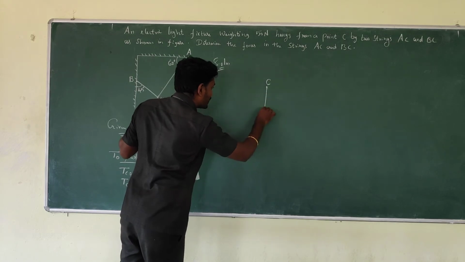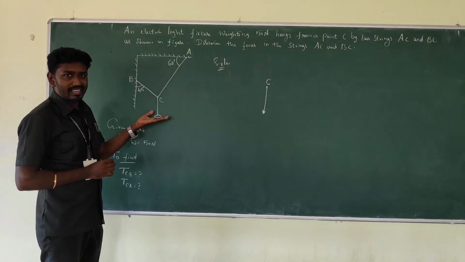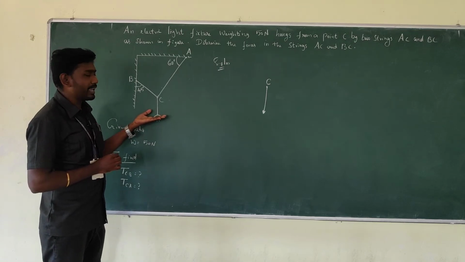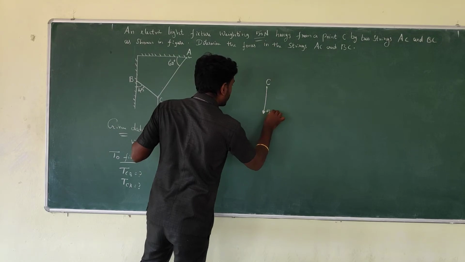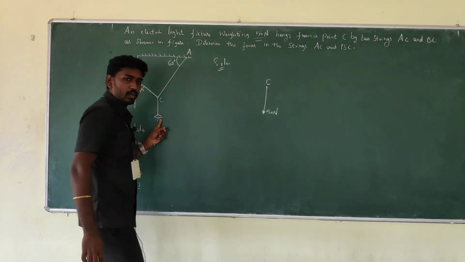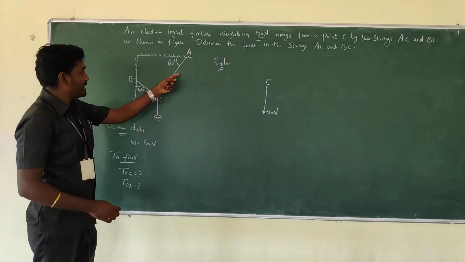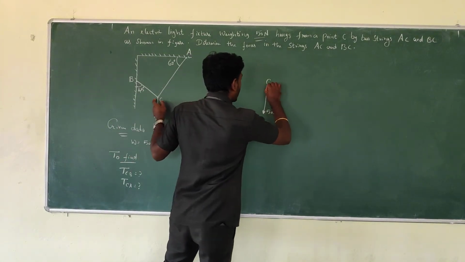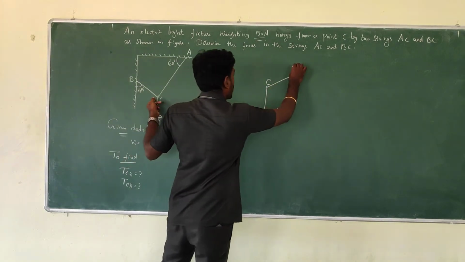From the point C, there is a downward force. Since the light is hanging here, the weight will be acting downwards, which is given as 50 Newton. So it's a known force, 50 Newton. And something like this, we have a tension force. We know in the string the tension force goes outwards.